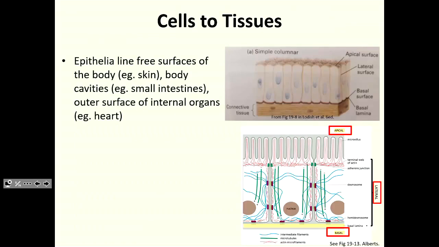A lot of the times we talk about epithelia. When I was learning this years ago, I mixed up epithelia and epidermis. They're not completely different things. They are similar, but they're different. So epidermis is the outer layer of the skin.